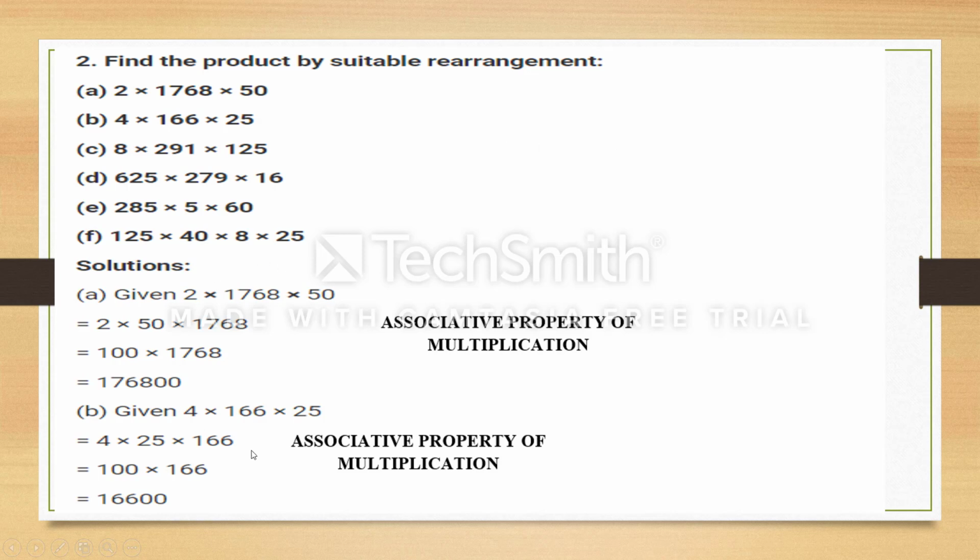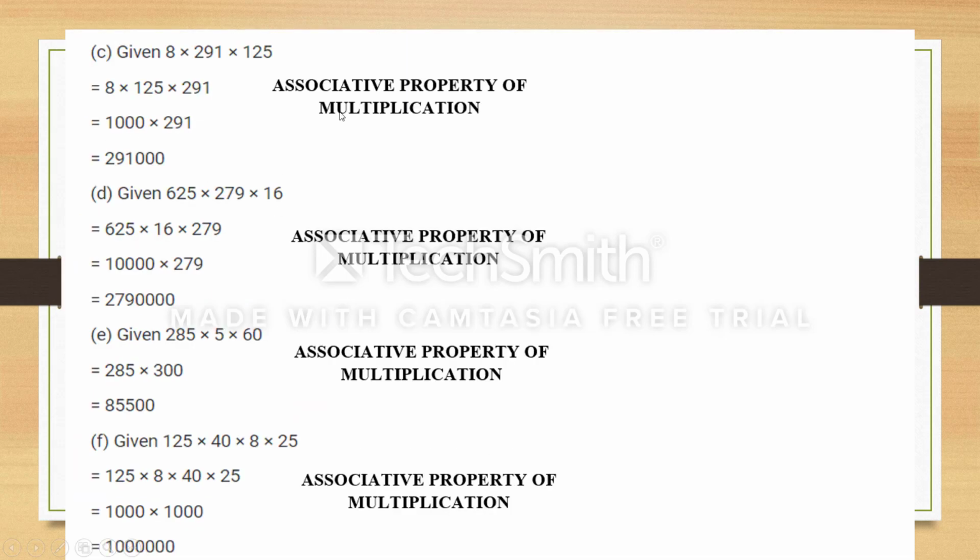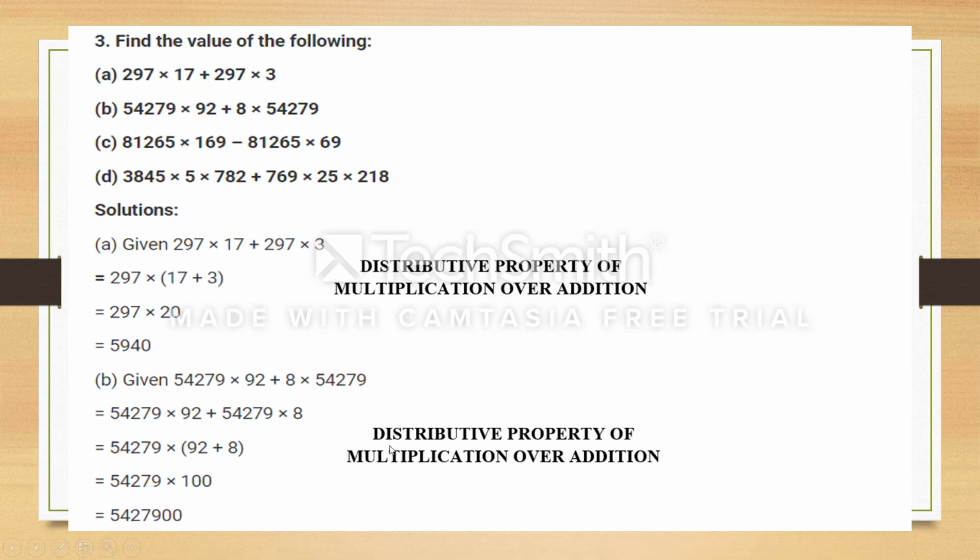Since here we have three numbers, it will be the associative property of multiplication. Here also kindly mention the properties. Similarly, all the questions here we will be doing with the associative property of multiplication only, so everywhere you are supposed to mention the associative property.